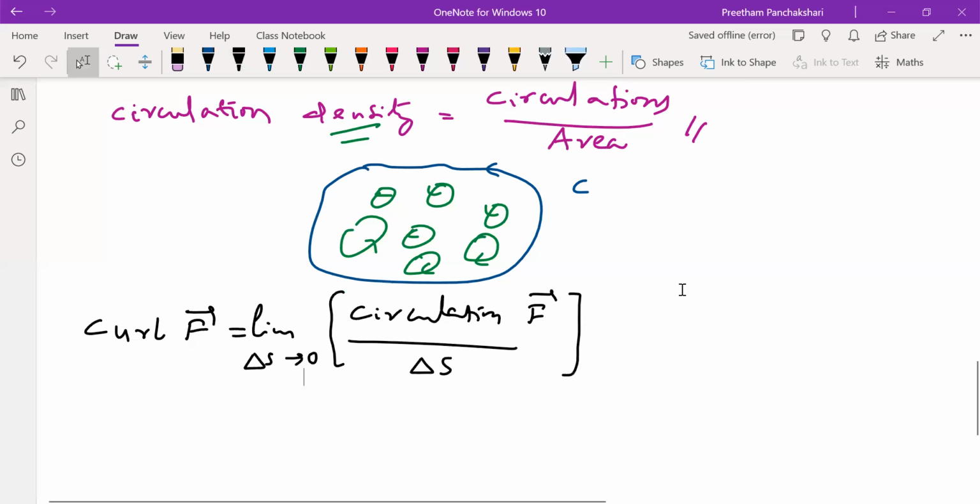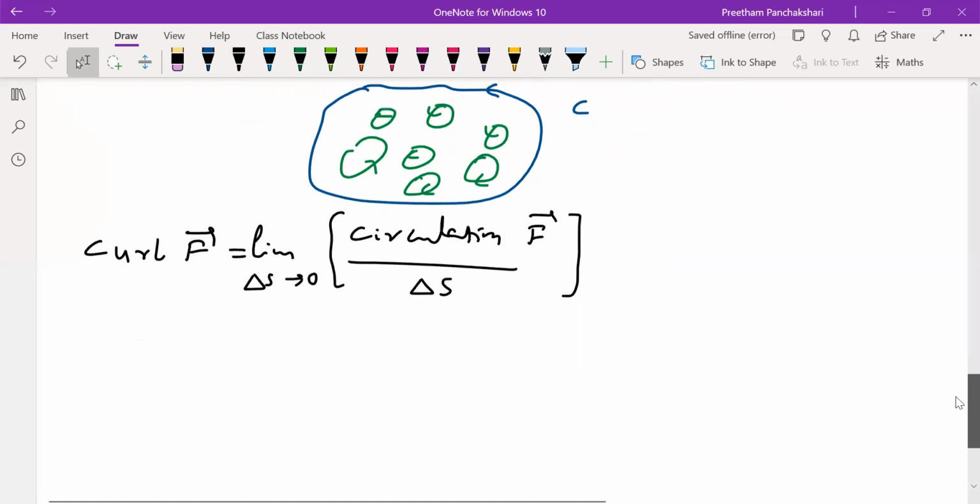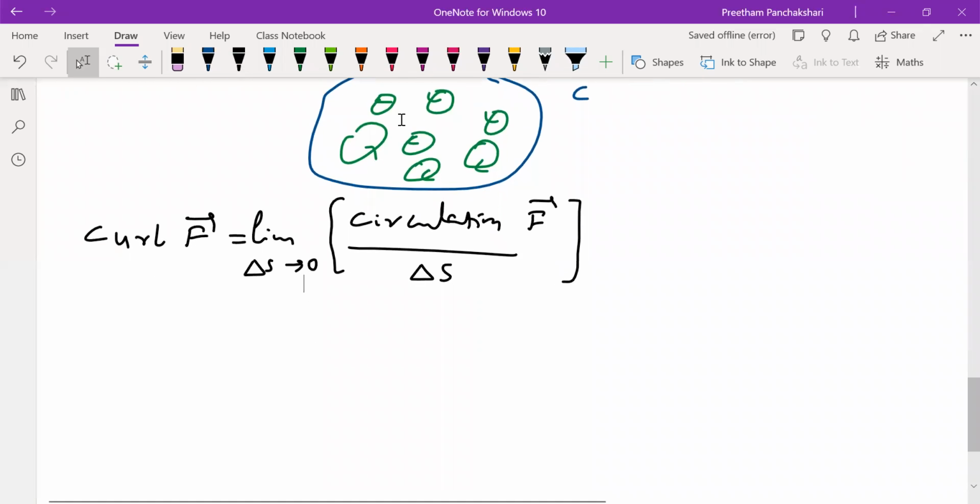Let us look into the physical meaning of this equation here. The circulation of F over a closed path. So in the previous diagram, the circulation of F over this closed path divided by this area. The area has to be very small. Hence, a limit is introduced here.